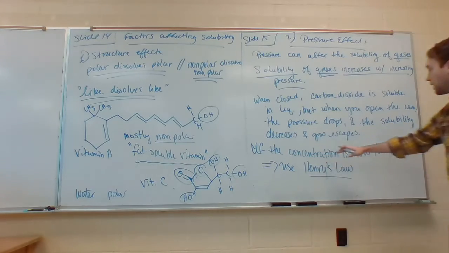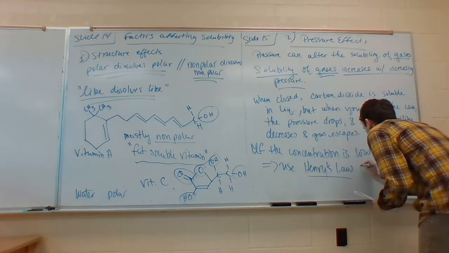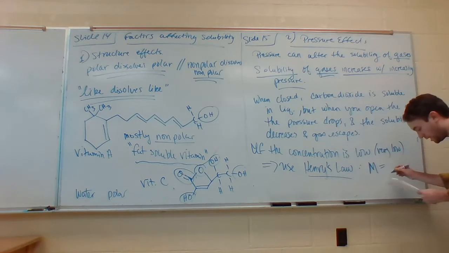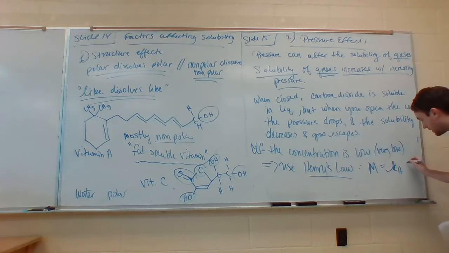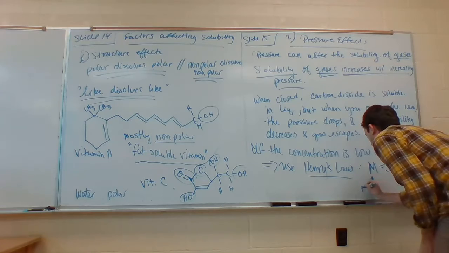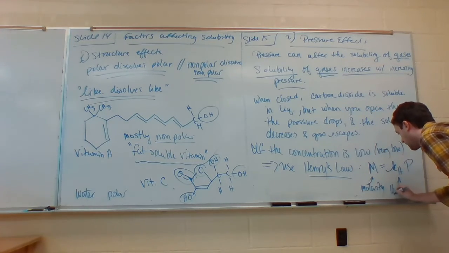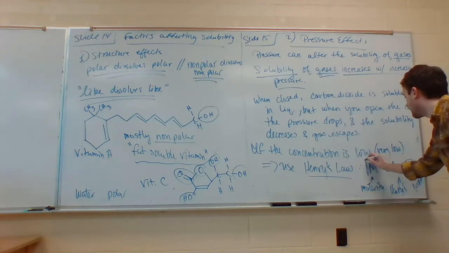Henry's law is an equation that says that our concentration in molarity is equal to a Henry's law constant times our pressure. So again, that's your molarity. This is your Henry's constant. And that is your pressure. Okay? That will be an important equation.